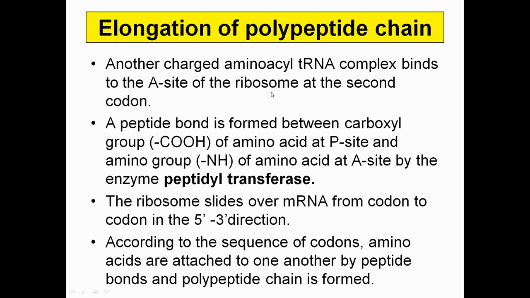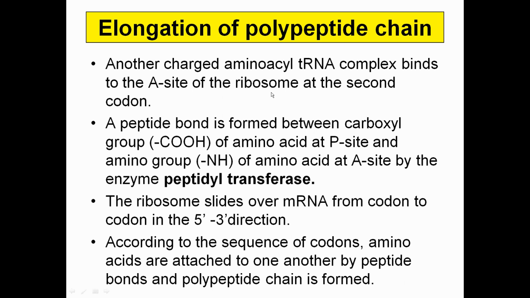Okay, the P site is the initiator site, and the A site is what? That is going to bind with the consequent amino acid. The ribosome slides over the mRNA from codon to codon, in the direction of 5 prime to 3 prime, and according to the sequence of the codon, a particular amino acid is going to bind as the consequent amino acid.